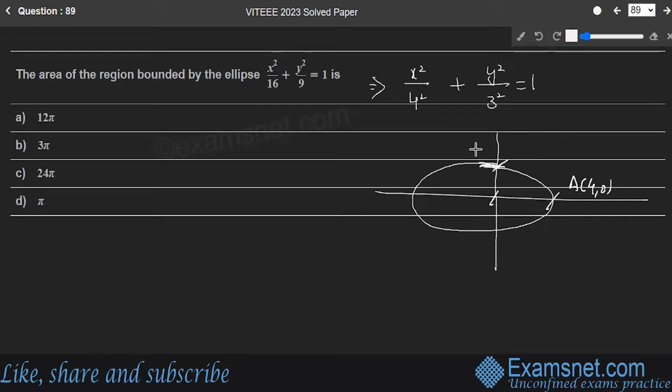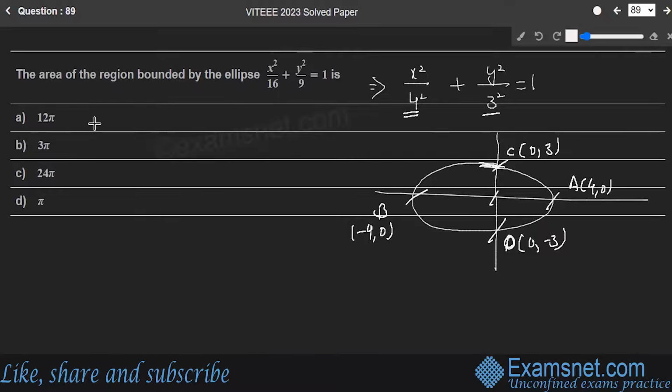And over here, this is B. This is given by minus 4 comma 0. Let's say this is the point C, and this is D. This is 0 comma minus 3. Okay, because the major and the minor axes, these are the values for that. All right. So now the given ellipse is symmetrical about both the axes and it contains only the even parts of x and y. Okay.